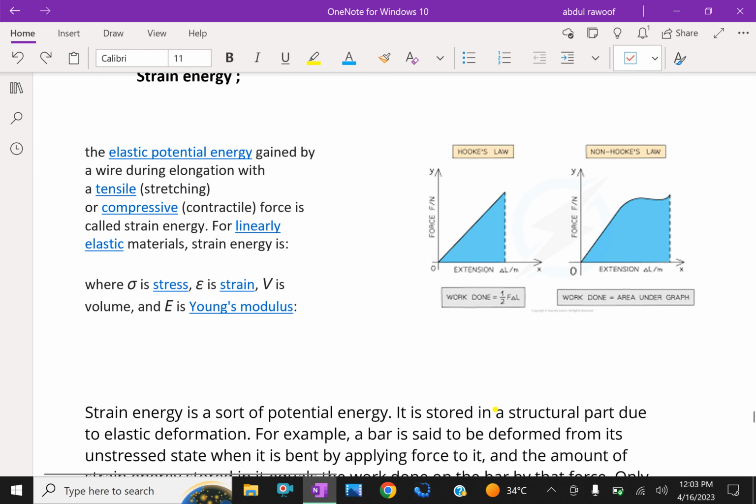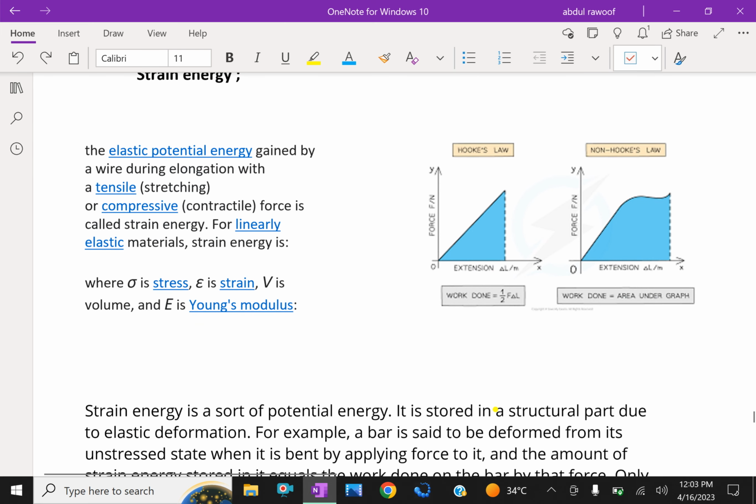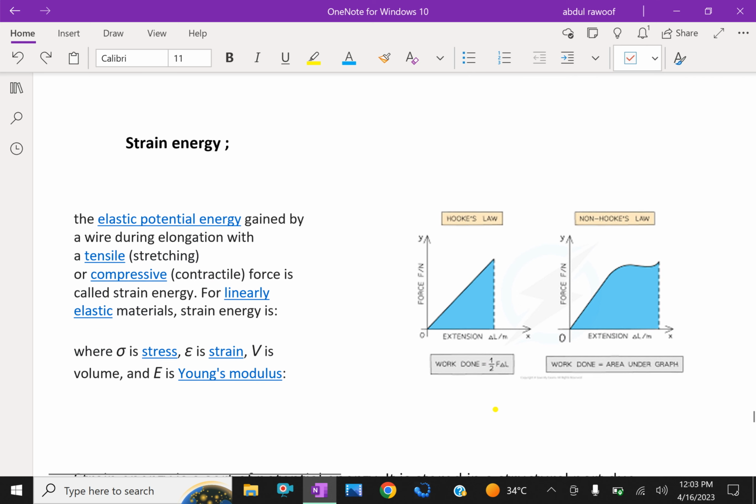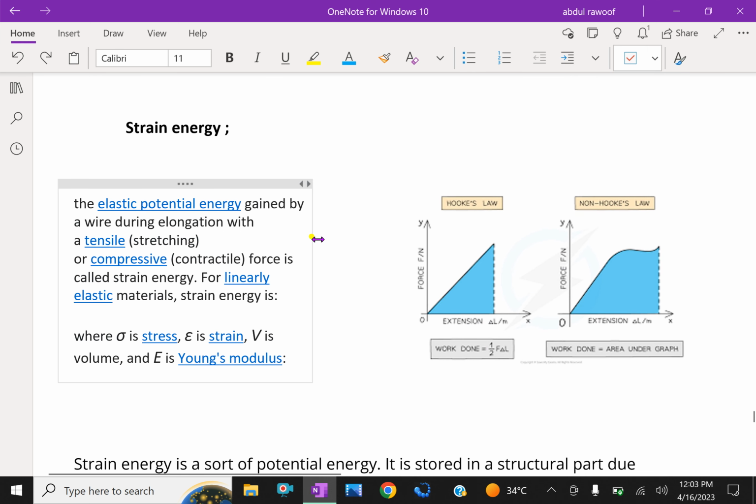Next, we'll discuss strain energy. The elastic potential energy gained by a wire during elongation by a tensile or compressive force is called strain energy. That means the energy stored in the material while compressed or elongated is called strain energy stored.